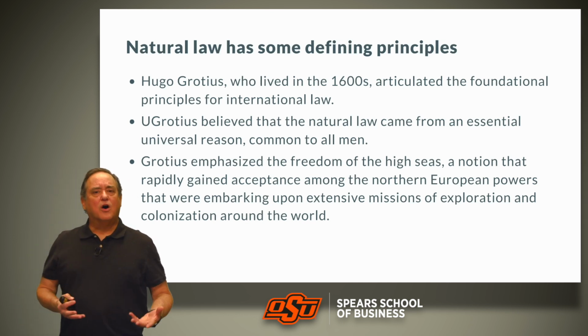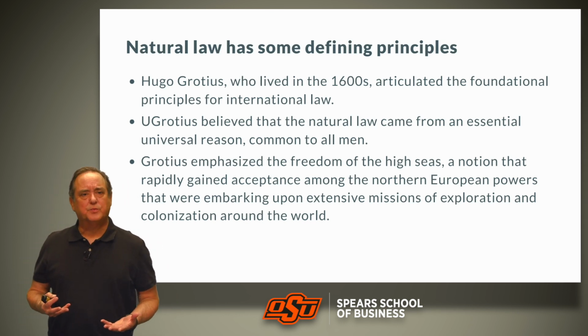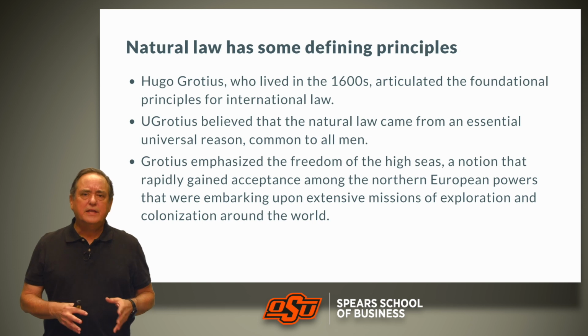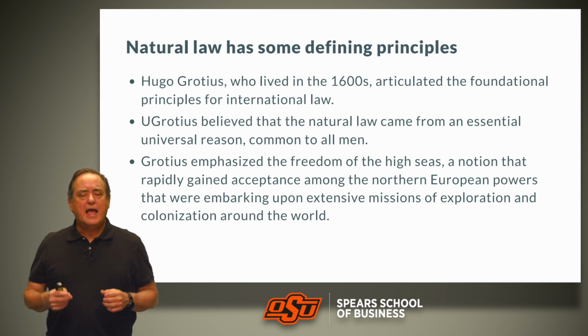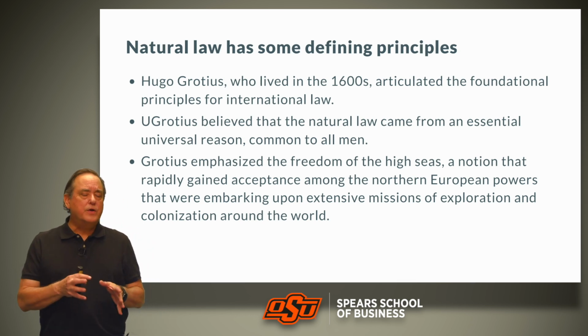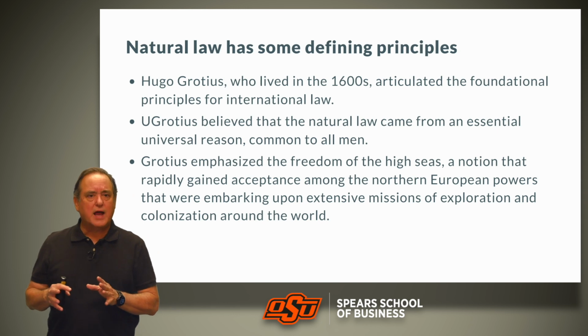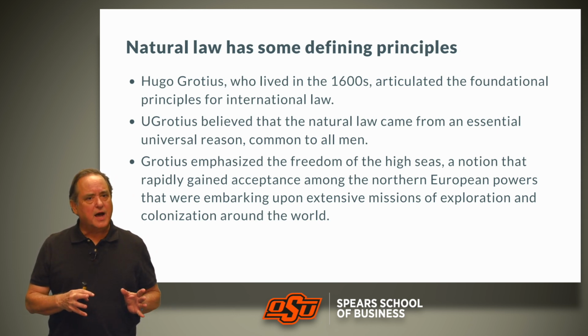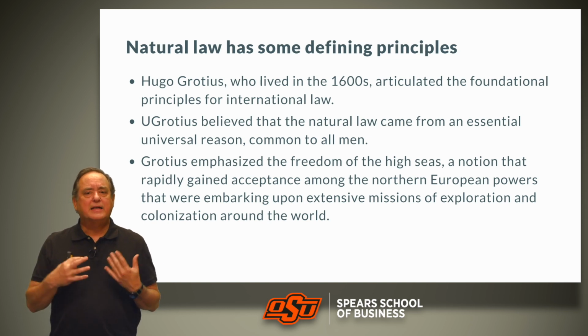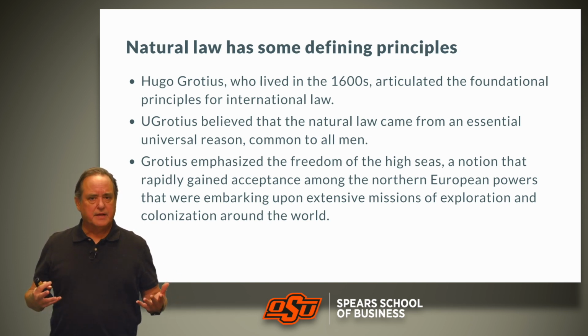So natural law has some defining principles, and these were set out primarily by a Dutch philosopher named Hugo Grotius, who lived in the 1600s, and he articulated the foundational principles for international law. Now, Grotius did not subscribe to the idea that natural law came from God. Instead, he believed that natural law came from an essential universal reason that all men shared.